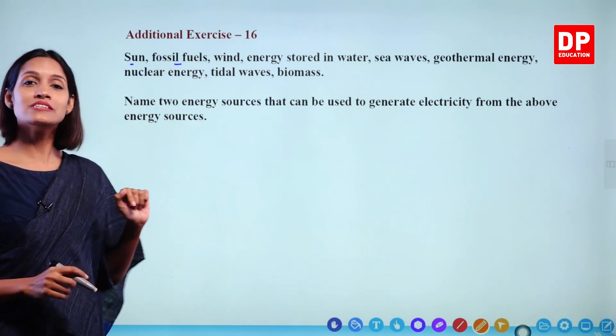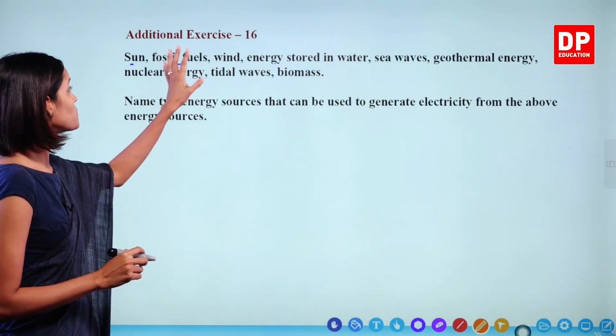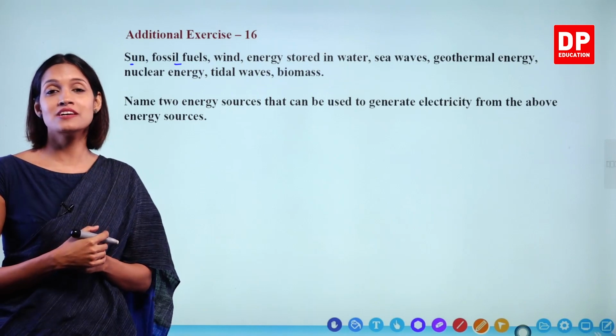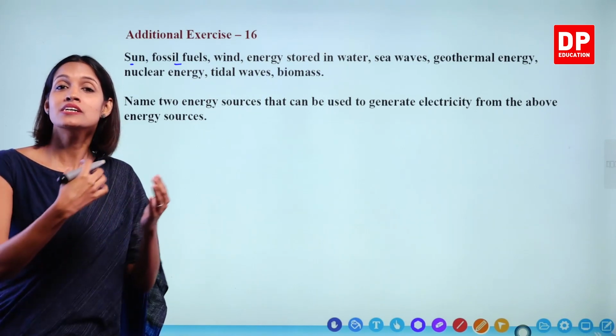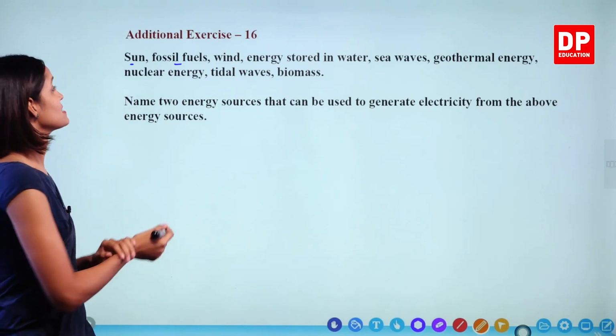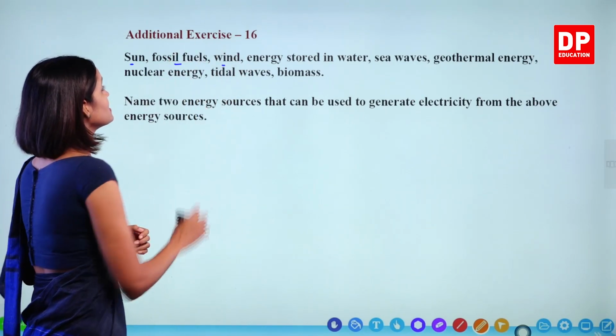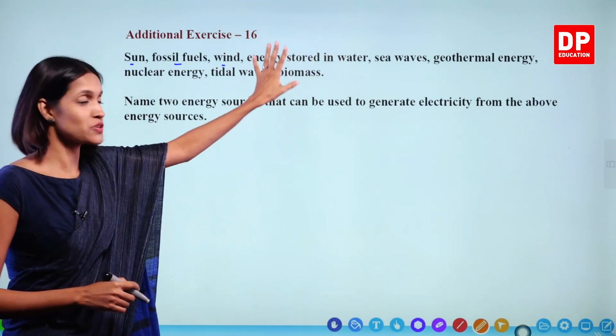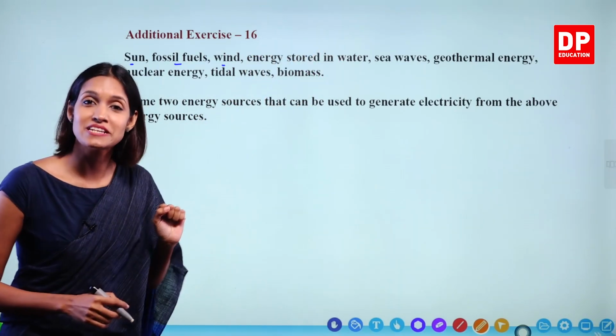What about wind? That is also correct. The same process takes place in wind power plants. We can rotate the turbine with the help of the wind, and the turbine is connected to a dynamo and electricity can be generated. Energy stored in water. This is the most common method in Sri Lanka to generate electricity.